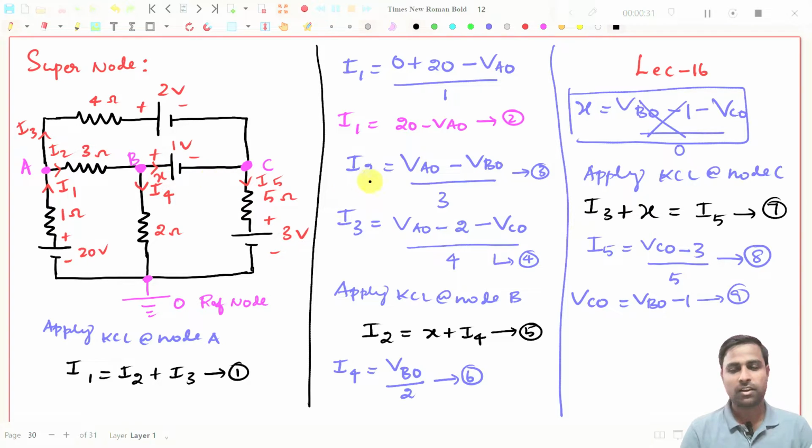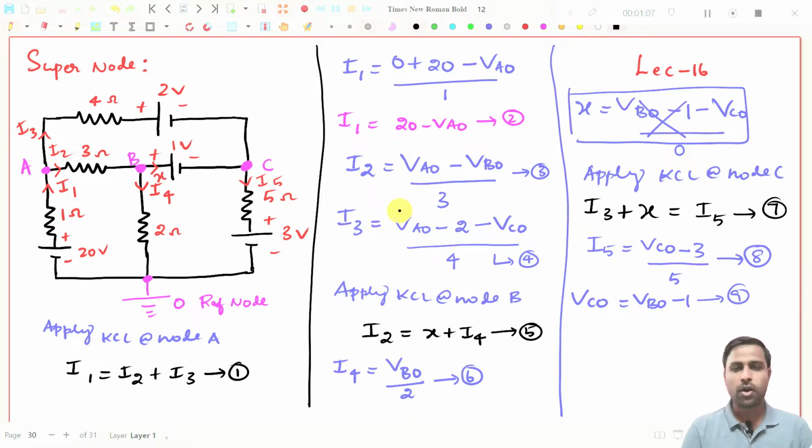That is what we have done, and we have applied KCL at node A, node B, node C, and we have found that I1 is equal to I2 plus I3 for KCL at node A, KCL at node B gives you I2 is equal to X plus I4, and KCL at node C we have found that I5 is equal to I3 plus X. The unknowns I1, I2, I3, I4, I5 were found using the shortcut method that we have studied in lecture number 15.